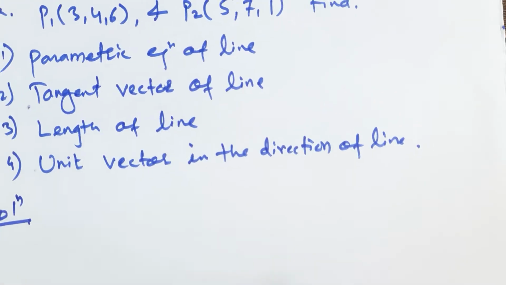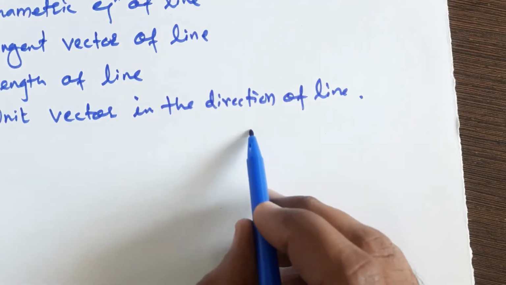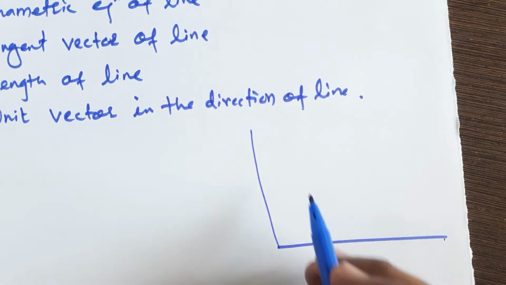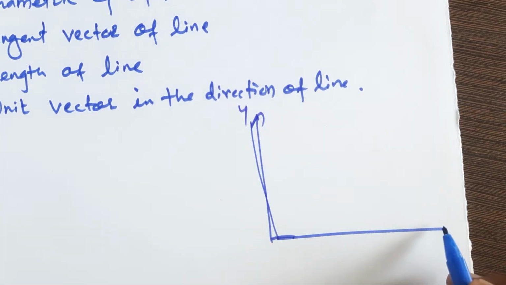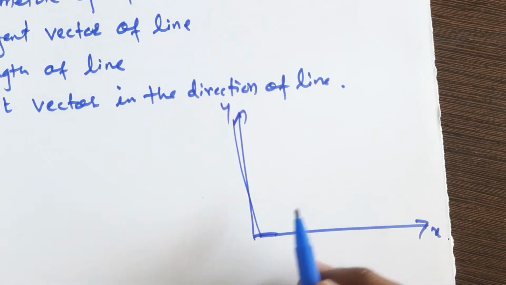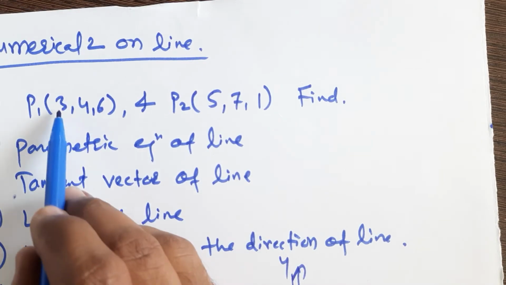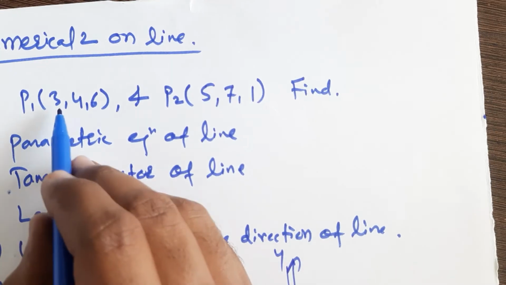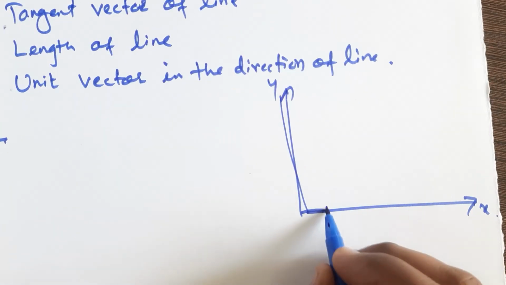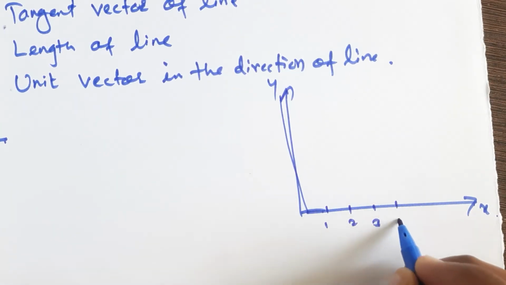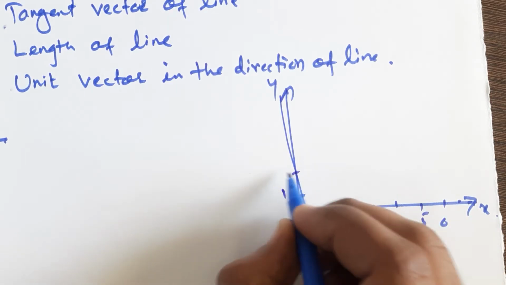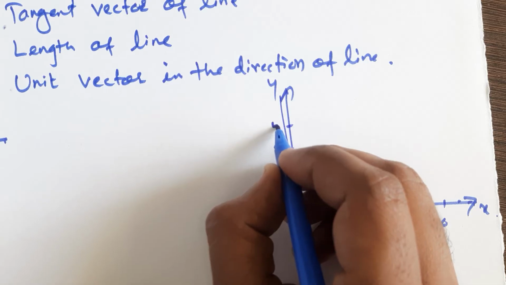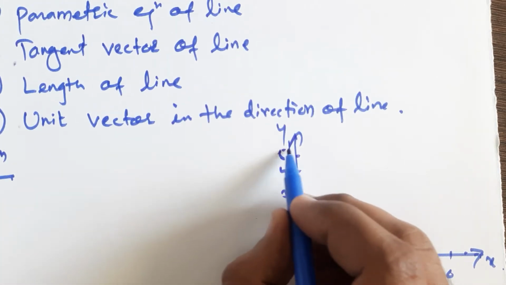Solution. Now the line is having coordinates like this. I will explain the line first, how to draw the line. Let us say this is the y-axis, this is the x-axis. I am considering only x and y coordinates, a 2D line. Here 1 2 3 4 5 6 and so on, and here again 1 2 3 4 and 5 and so on.